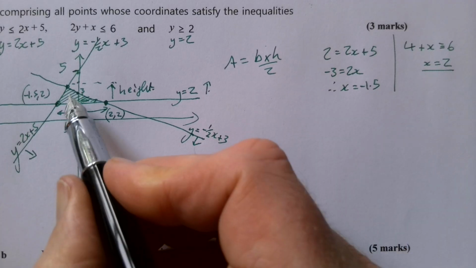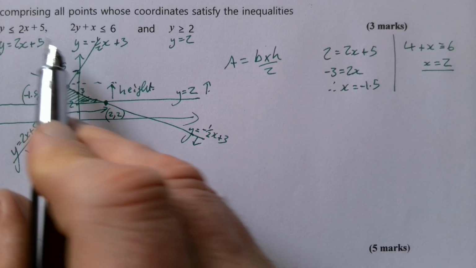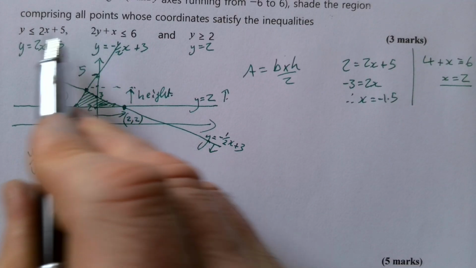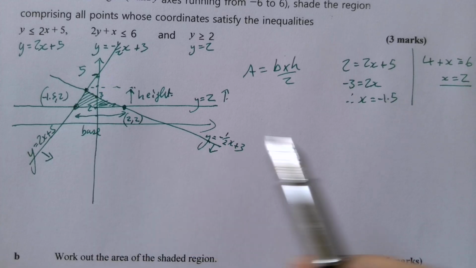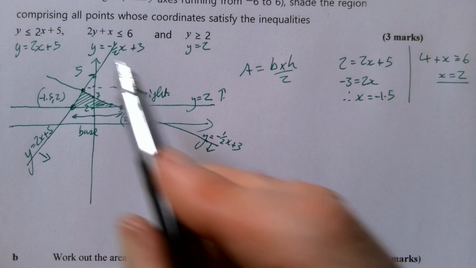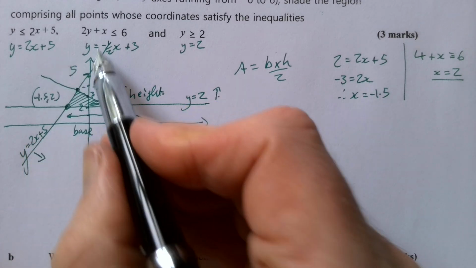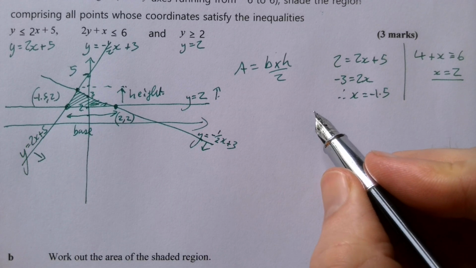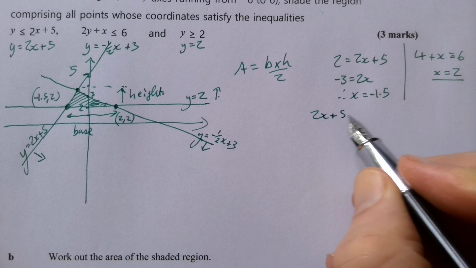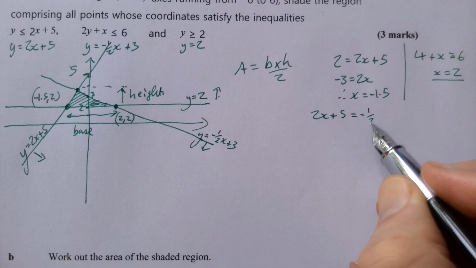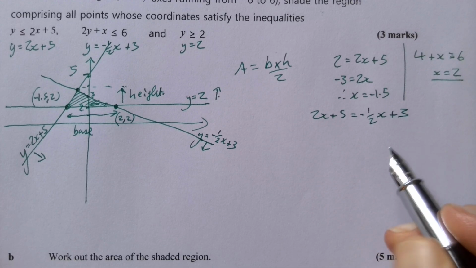And then finally we need to find this point, which is where the 2 lines with gradients meet. So we've got that into the form y equals, which means we can put them together into the same equation to solve those, can't we? 2x plus 5 is going to be equal to negative a half x plus 3.